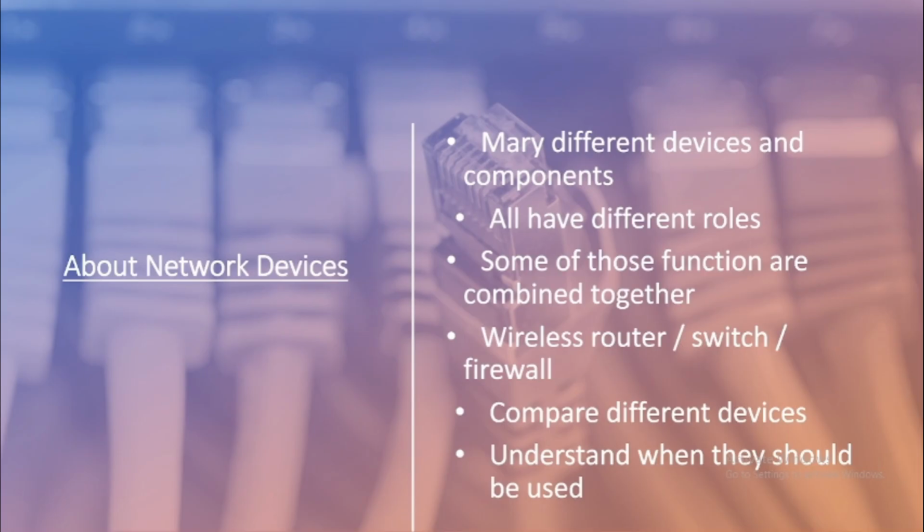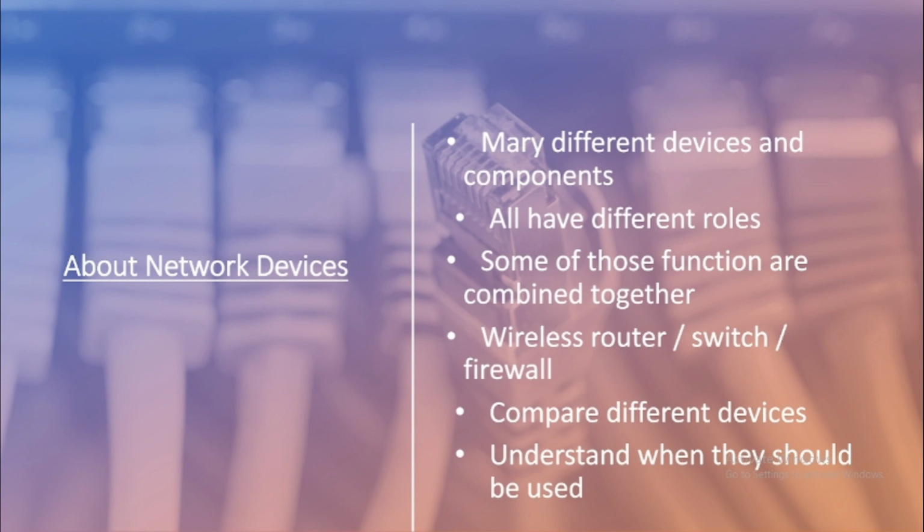So let's go on and look at what network devices are about, and we are going to look at all these one by one. If you are working in a data center of any organization, you will find many different types of systems that are used for network communication. Sometimes these are single devices like the switch, or it may be a device that combines functionality.